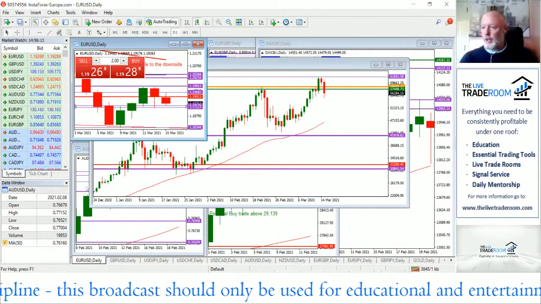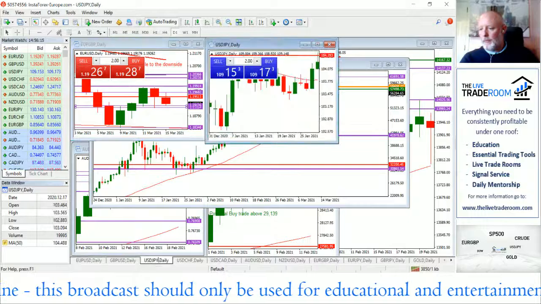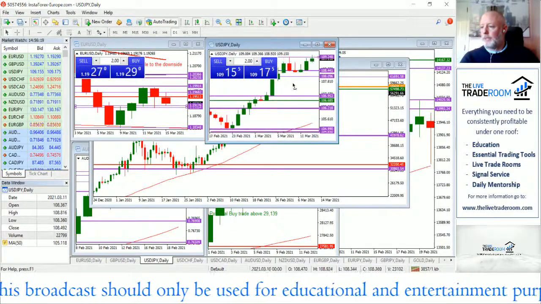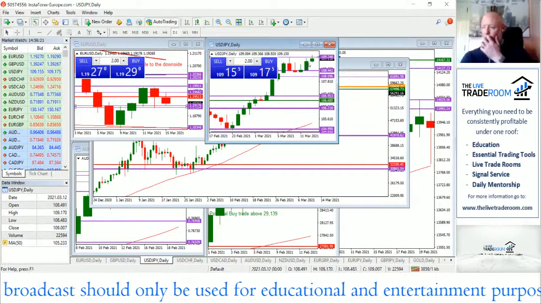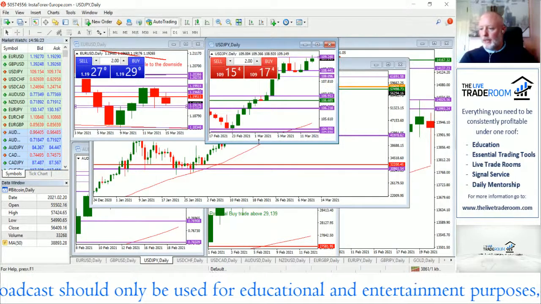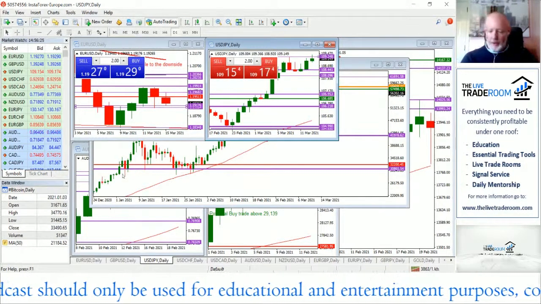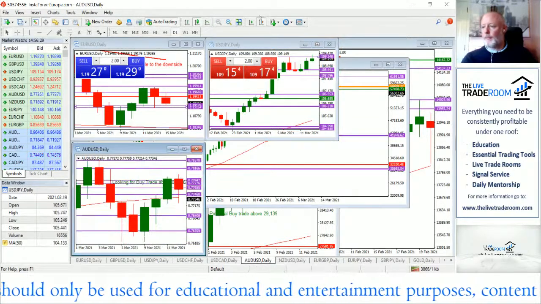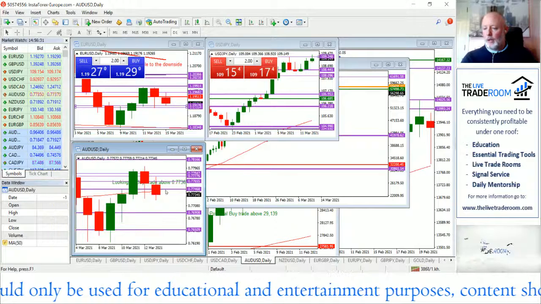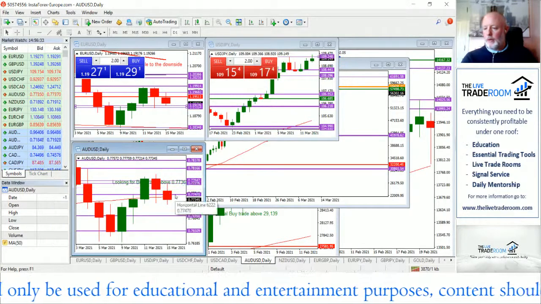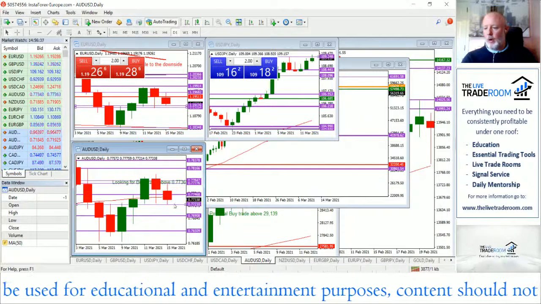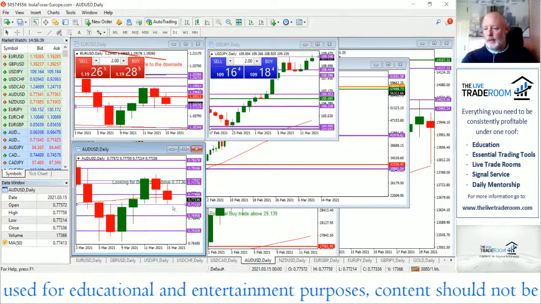Next one is the dollar yen. We're just trading up at these highs at the moment. We'll have a look at this in a little bit more detail in just a second. The third one is the Aussie dollar. This market is just taking a little bit of a roll over to the downside.